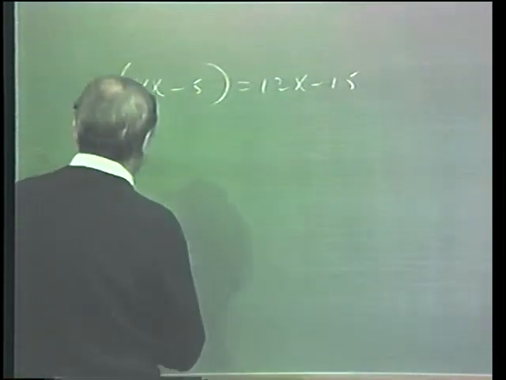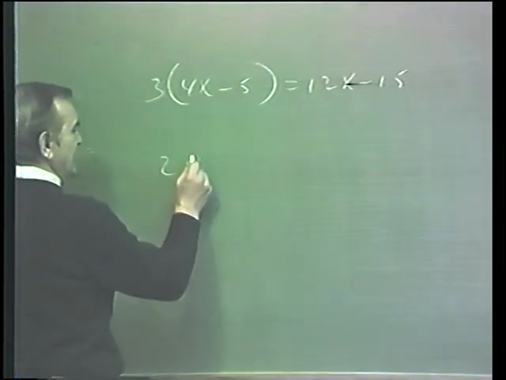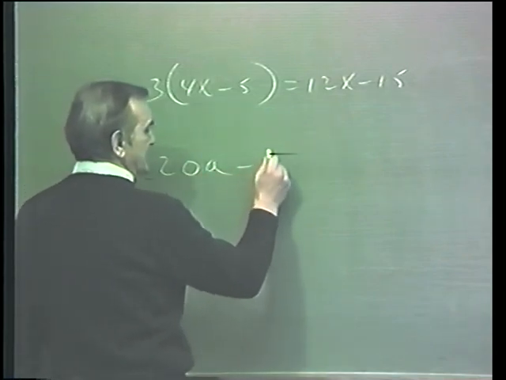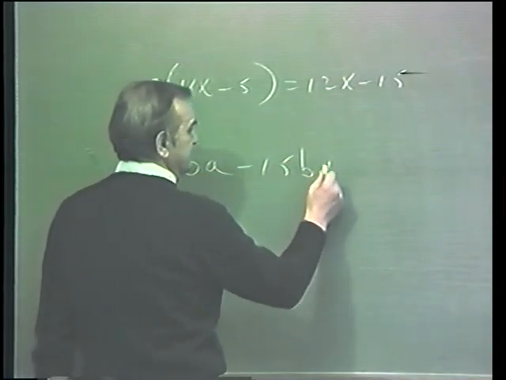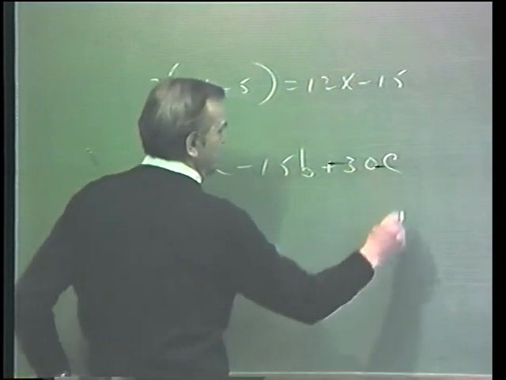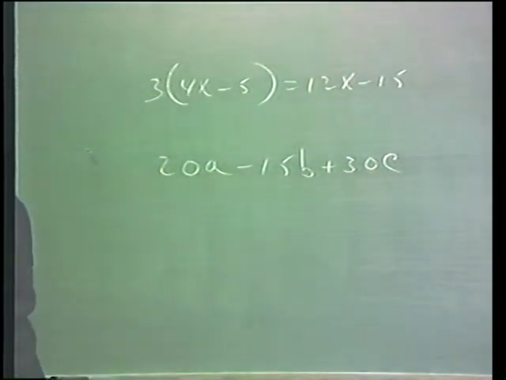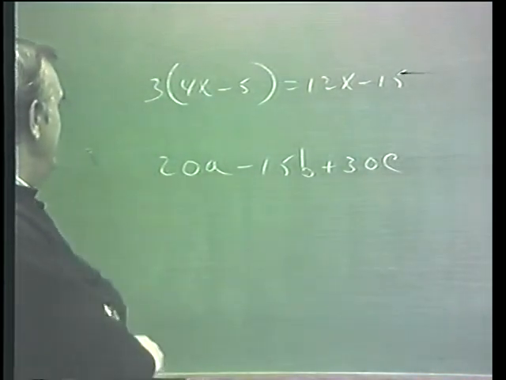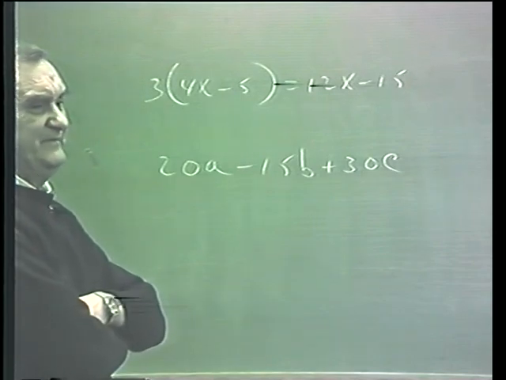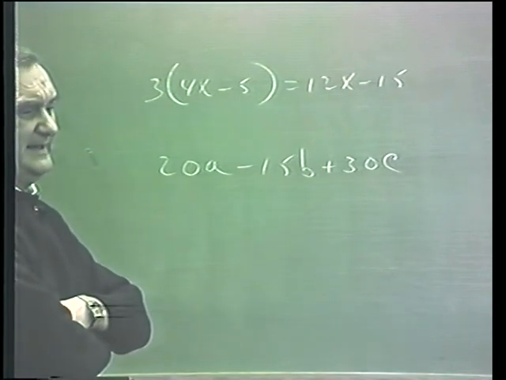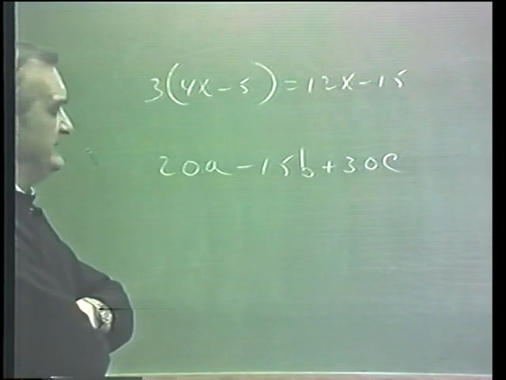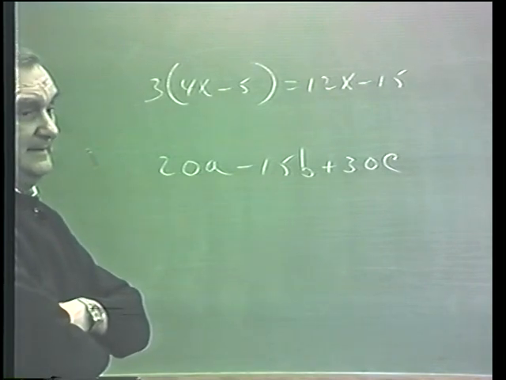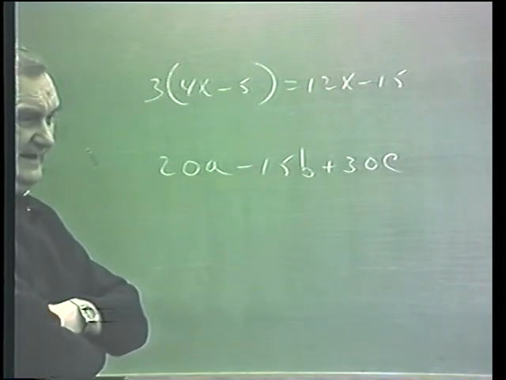Example. Let's suppose I have 20a minus 15b plus 30c. And I want to see if this is factorable, if these terms have any factors in common that I can extract. Kathy? 5.